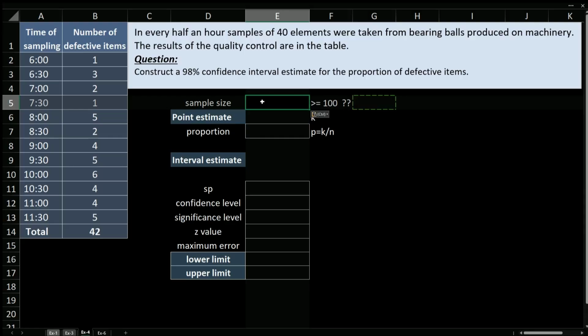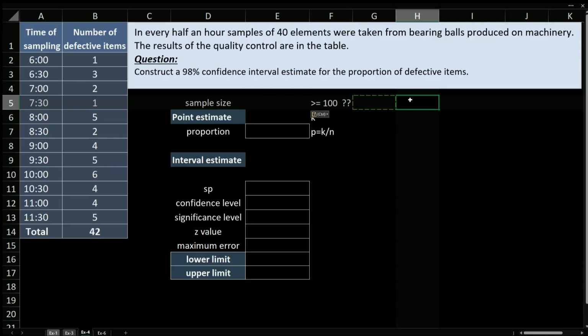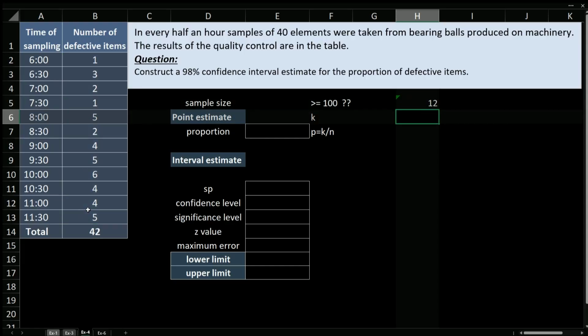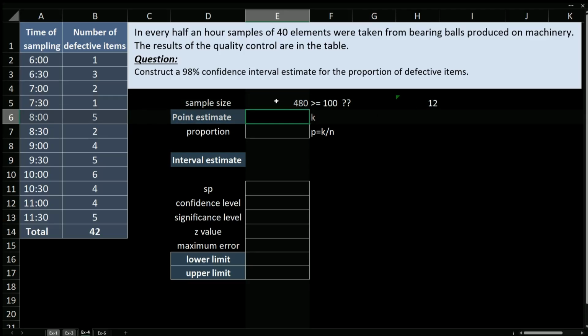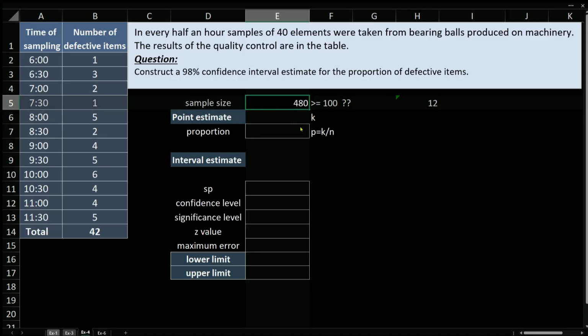Now let's write the count function somewhere else. Still I want to do the count separately and then multiply it by 40 here, equal 40 times that value. We have 480 as sample size, which is large enough.